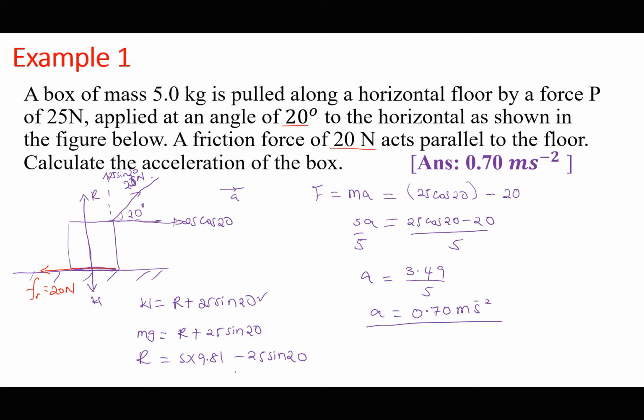So R would be equal to 40.5 newtons if I wanted to find R. So the concepts of resolving are very important in all levels, especially when you are dealing with physics. Of course, if you are doing math, you will need this in mechanics, paper 4, I think. You may need some of these concepts in math.